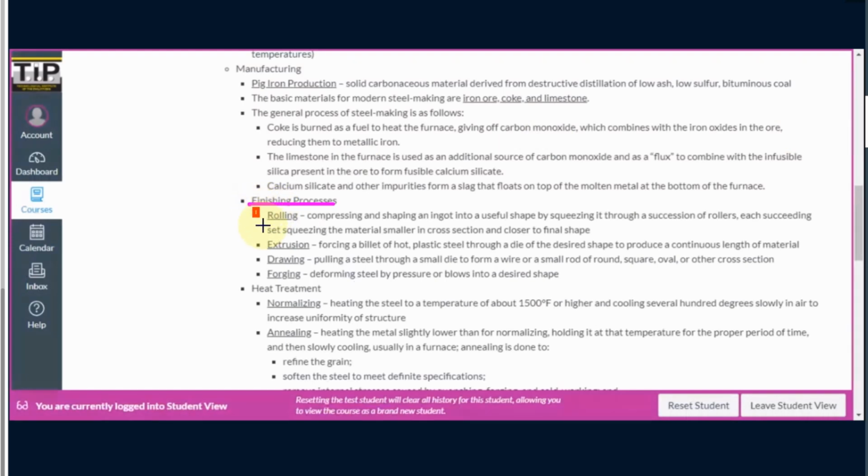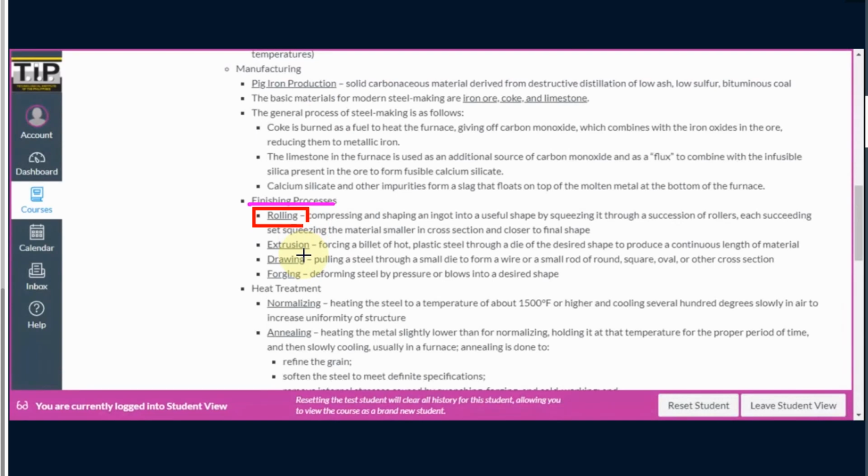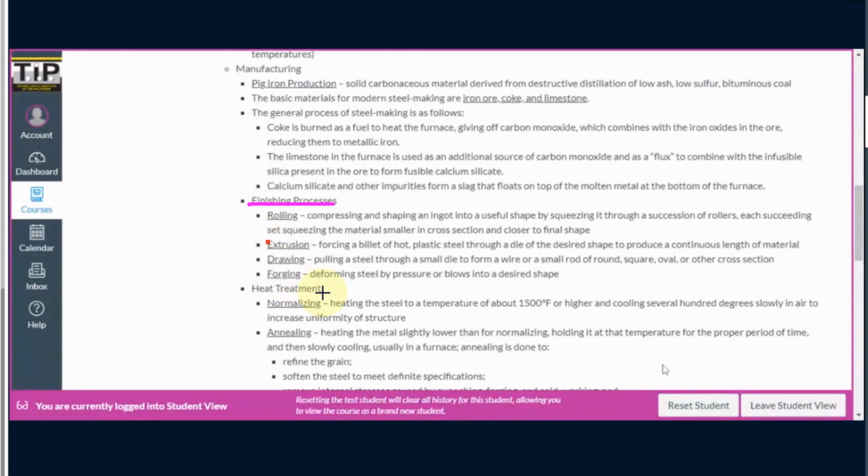So rolling is compressing and shaping an ingot into a useful shape by squeezing it through a succession of rollers. Each succeeding set squeezes the material smaller in cross section and closer to final shape. So we will show it later how the rolling process goes. Okay.